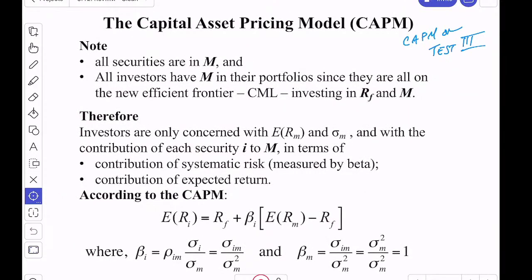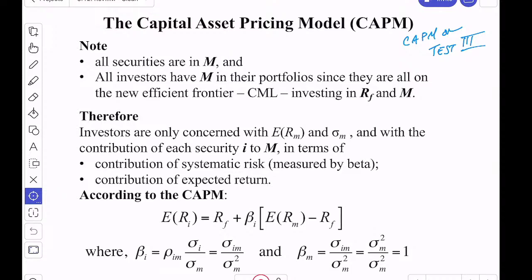All right, so what does this do? This creates the capital asset pricing model for us. These are the assumptions of the model. All securities are in the market portfolio. So you have all securities possible in the market, but maybe some are a very small proportion, very close to zero in the portfolio, and then others are in higher proportion.